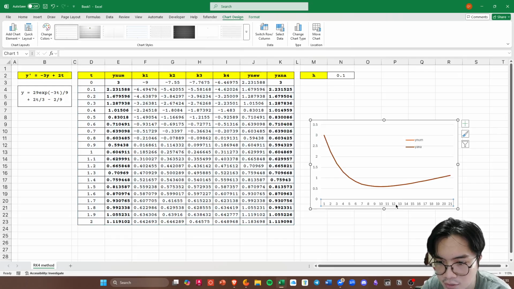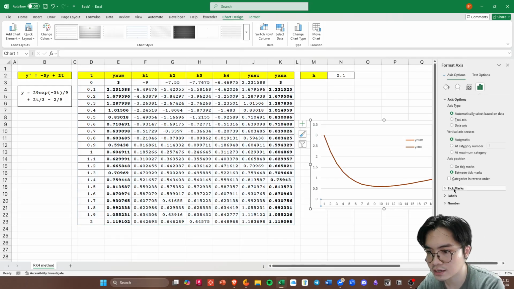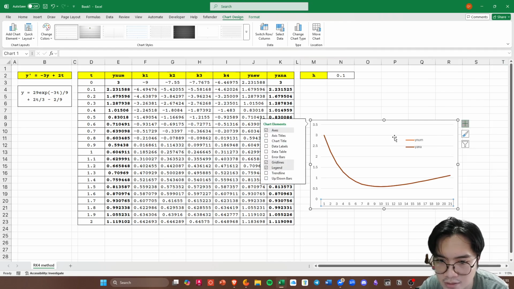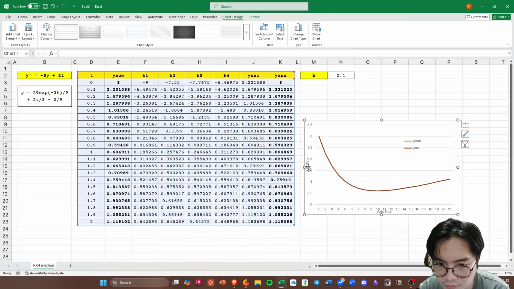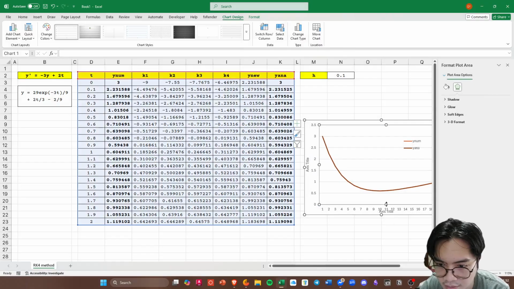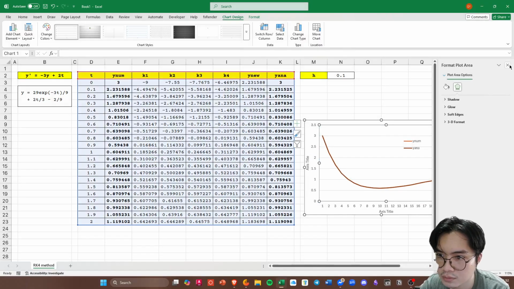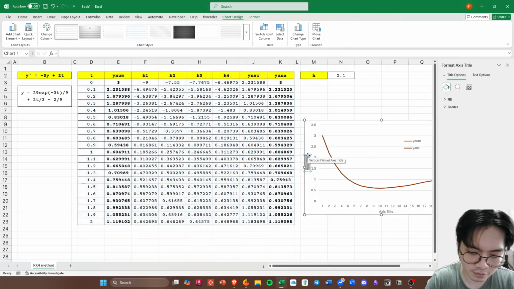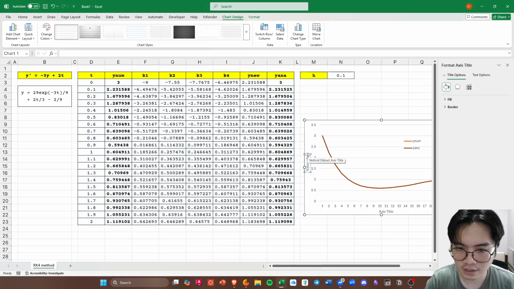These are our number of iterations, so let's add labels. Text options. Axis titles. All right, there you go. That's our data. And for the axis title, let's put value of y.